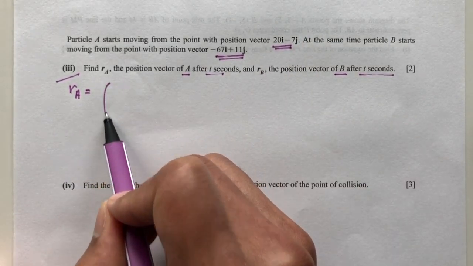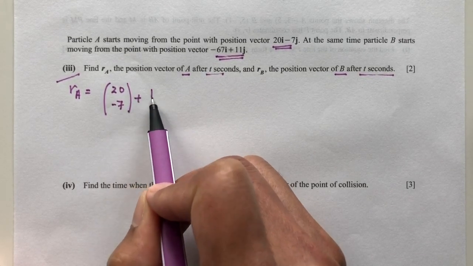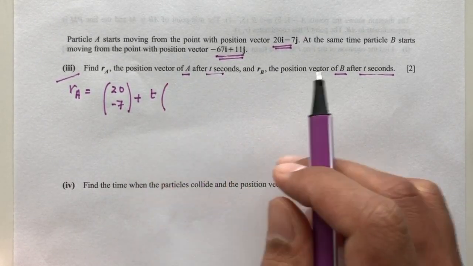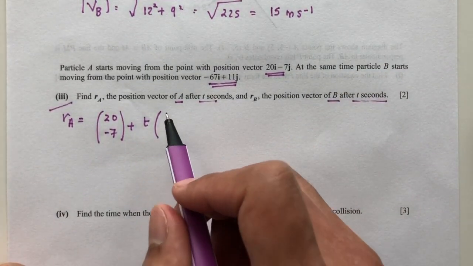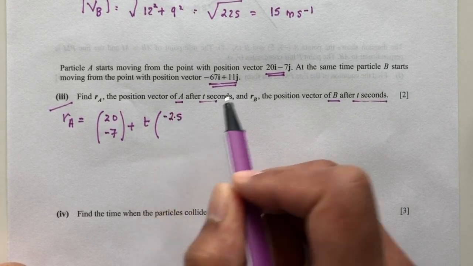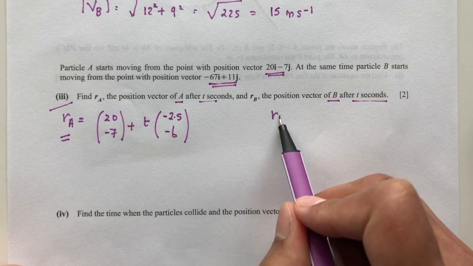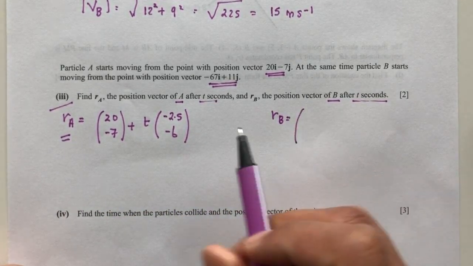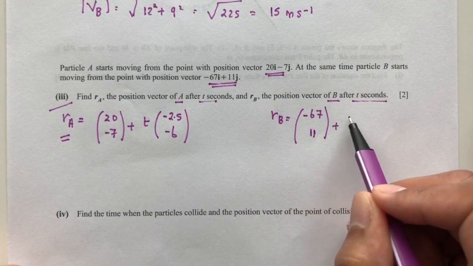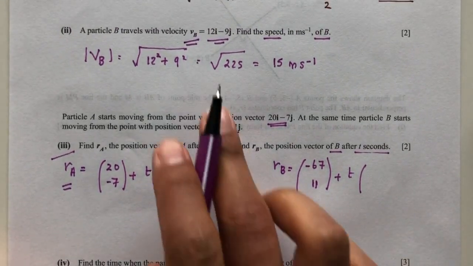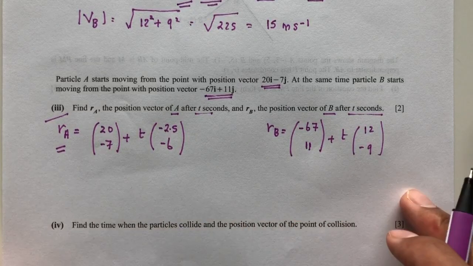So that will be, initial position will be 20 minus 7 plus t, which is t seconds, times the velocity, which is minus 2.5, sorry, and then we have minus 6. This will be the position of A, and RB is equal to the initial position, we have minus 6.7, then we have 11, plus t times its velocity, that will be 12 minus 9. Okay, so that will be part 3.